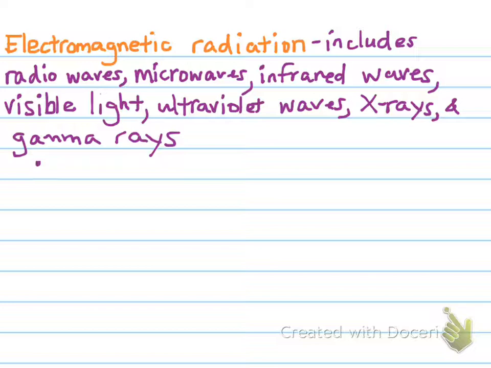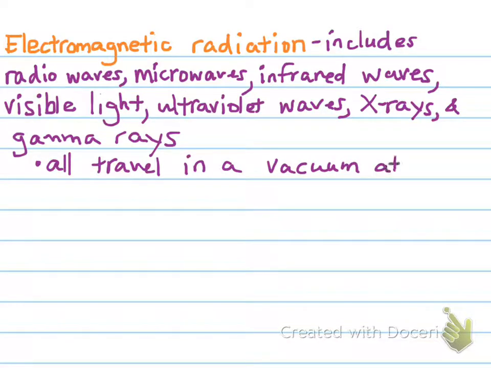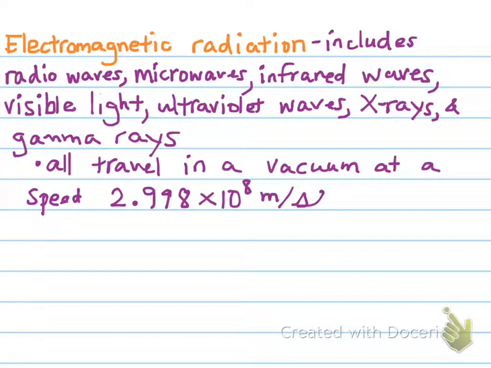All electromagnetic radiation travels in a vacuum, not like a vacuum cleaner, just a space with no particles, at a speed of 2.998 times 10 to the 8th meters per second.